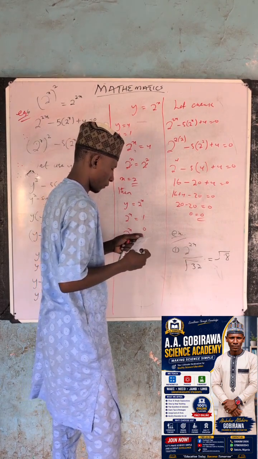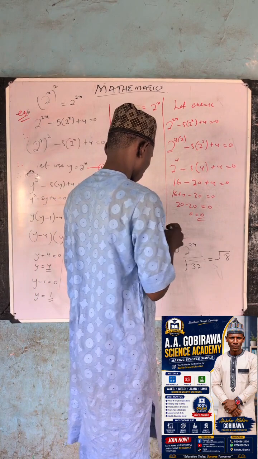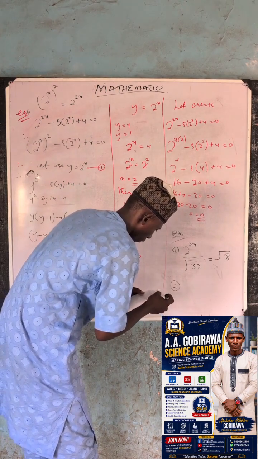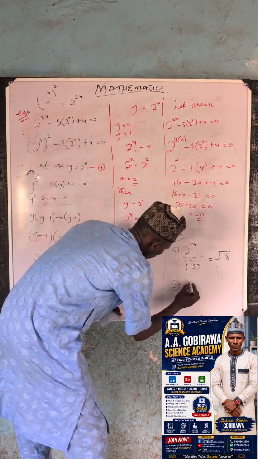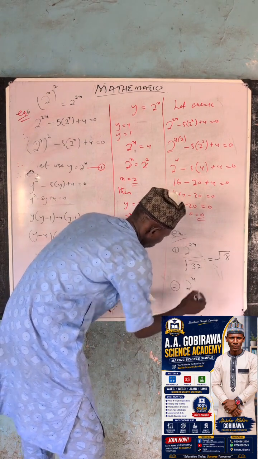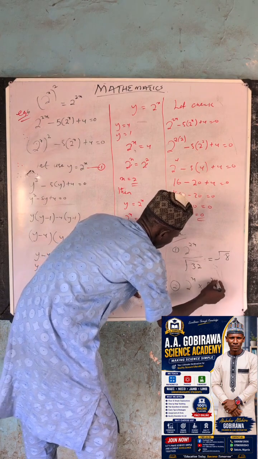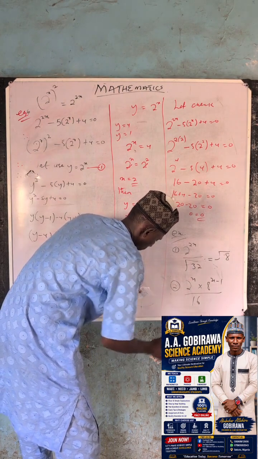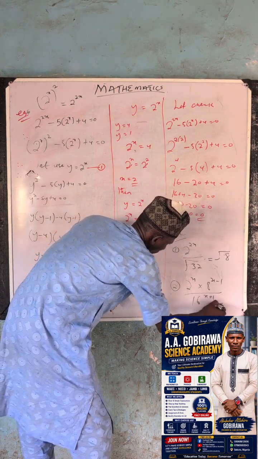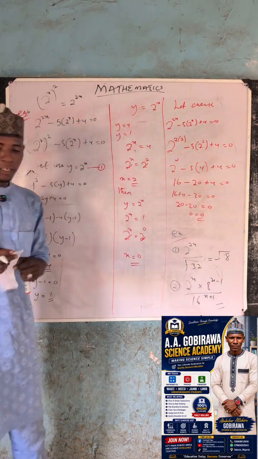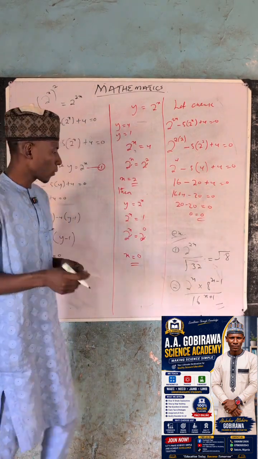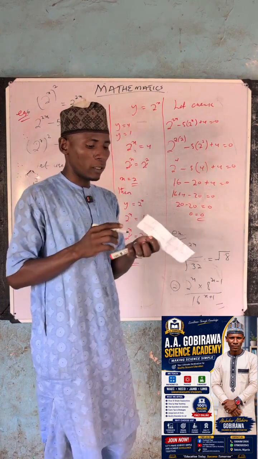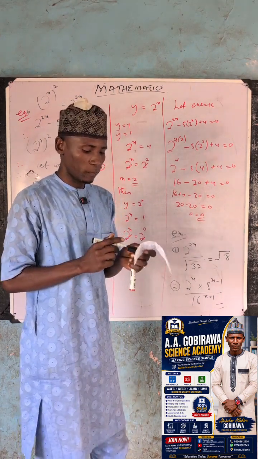Then number 2 is equal to 2 power x times 8 power x minus 1 all over 16 power x plus 1. This is our exercise. So idan mutum ya solve, yana iya sanya a comment section final answer din shi, in Allah ya so za mu bibiye amsoshin ku mu gani.